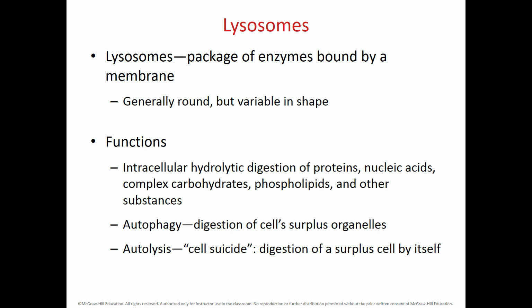So for instance, when our cells get damaged and they cannot be repaired, these lysosomes release their enzymes, or the organelles that are damaged get digested by these lysosome enzymes in what we call autophagy. And then the cells will commit cell suicide in what we call autolysis.